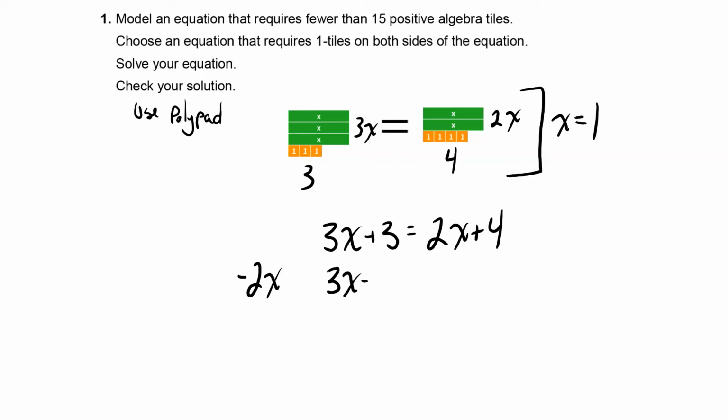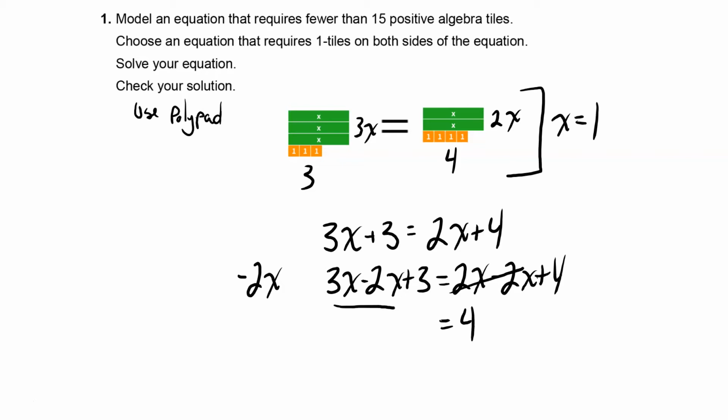So I've got 3x minus 2x plus 3 is equal to 2x minus 2x plus 4. In this case now, the 2x's will cancel each other out, which just leaves me with 4 on that side. And 3x minus 2x is just going to give me 1x. And I still have the plus 3 here.